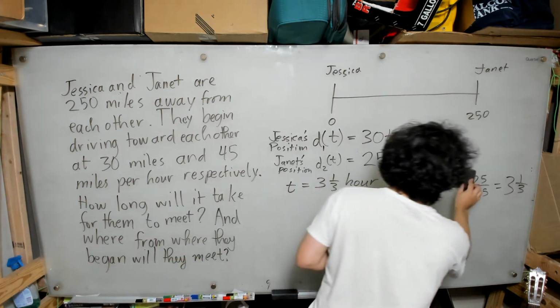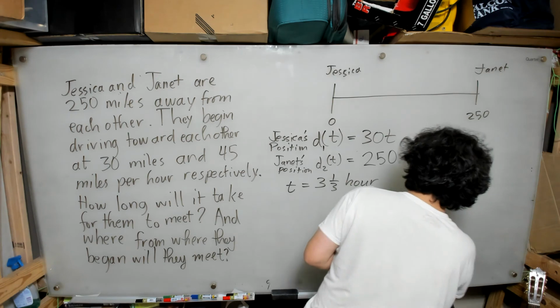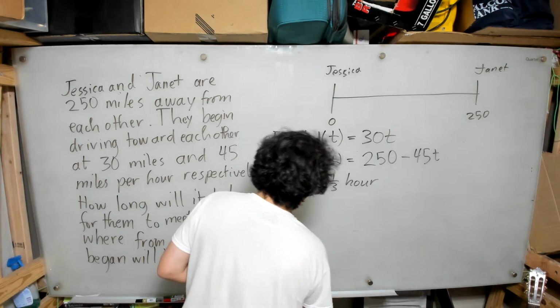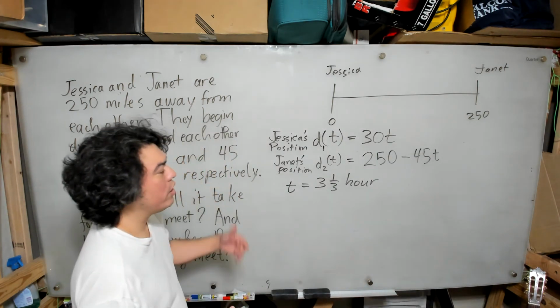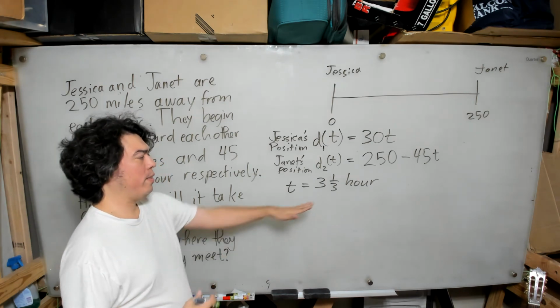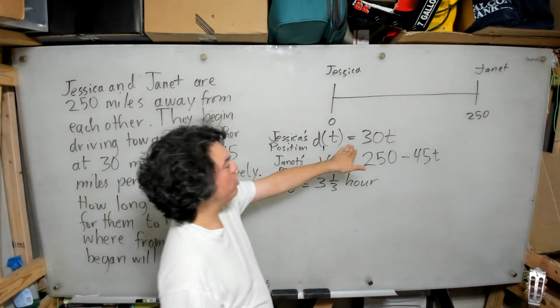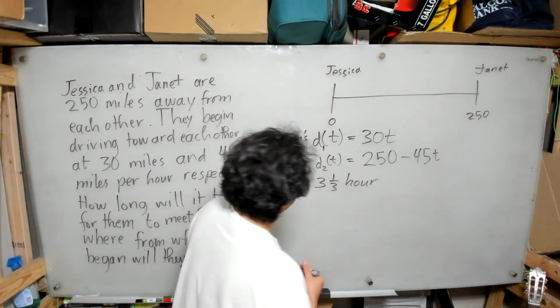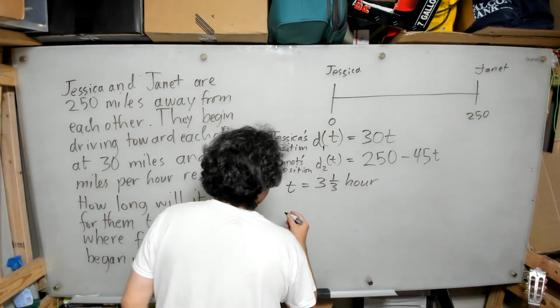So let me now get rid of this because we're going to plug in. What I'm going to do here is plug this value into the position function for Jessica.